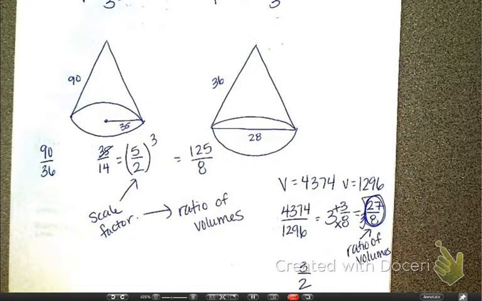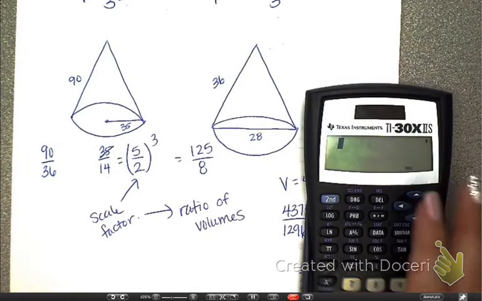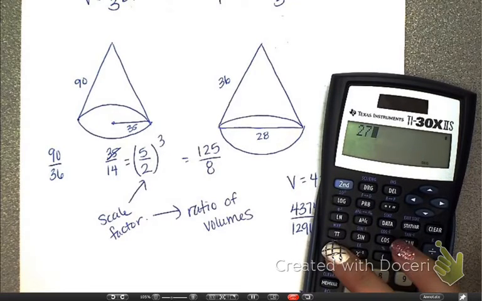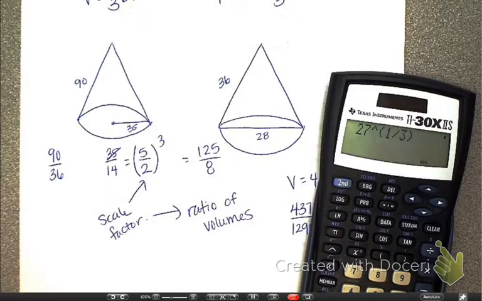Any other questions? How'd I do what? Cube root it. So if you don't know, you're going to do 27 to the power of 1/3. So it's to the 1/3 power. Yep, the caret.